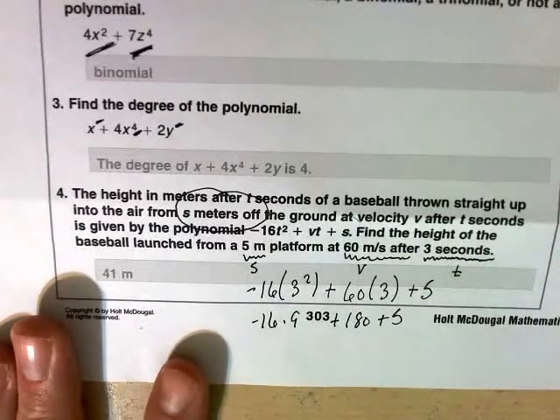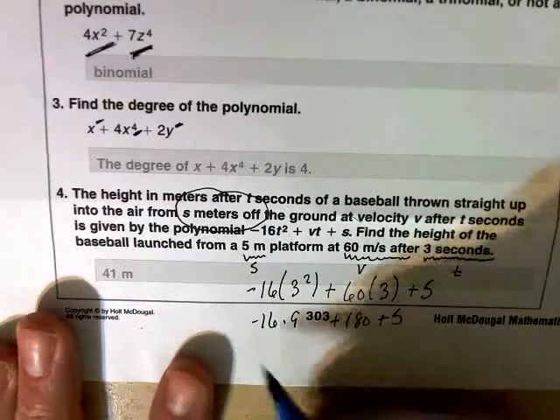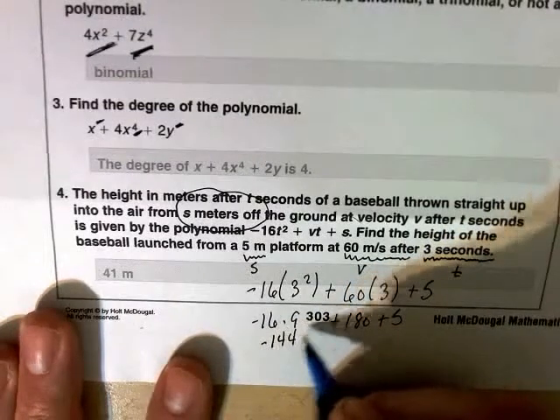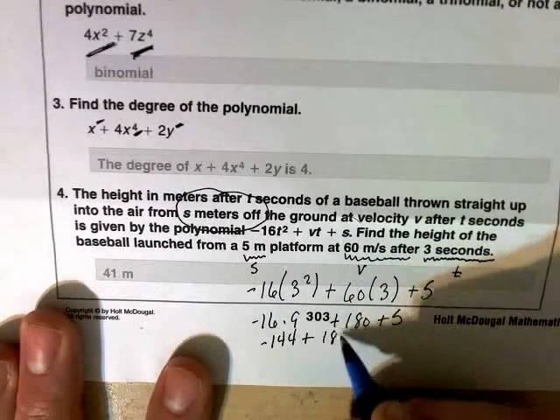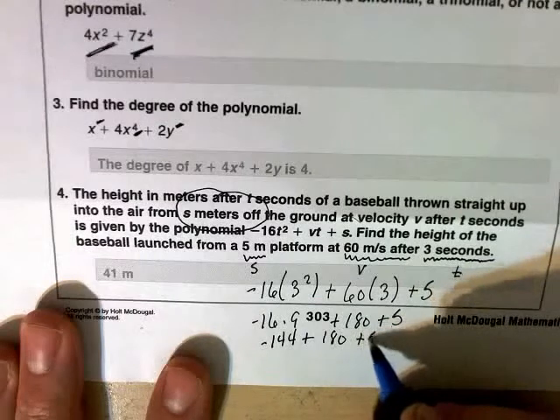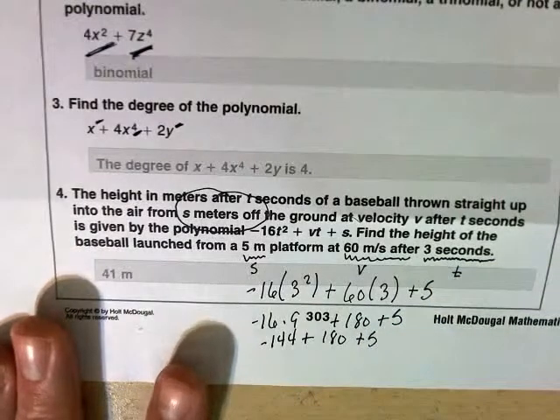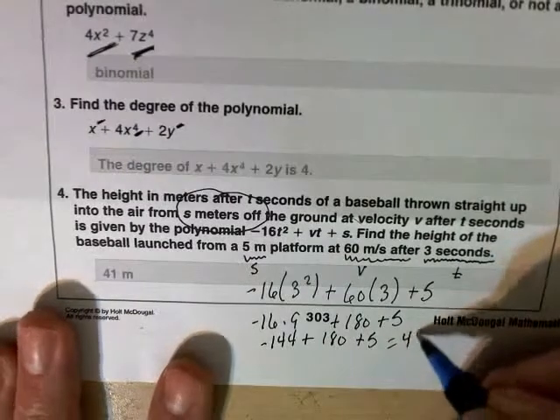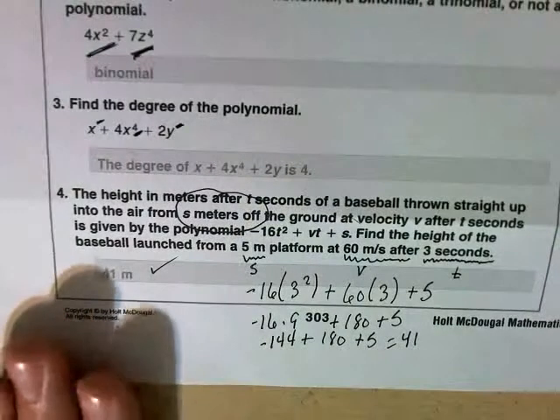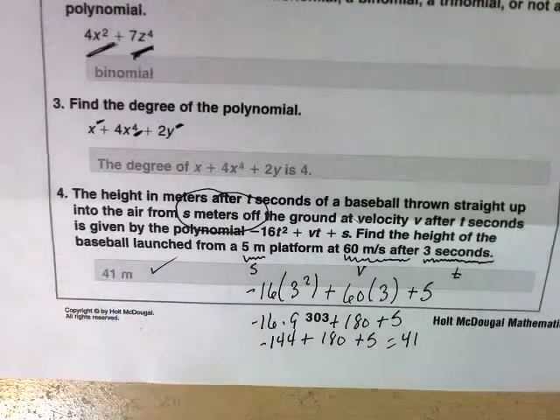Let's go ahead and do the 16 times 9 now. It's going to give me negative 144. Negative 144 plus 180 plus 5. 185 minus 144 is 41, which is the solution, which no surprise matches what they've said. That means the baseball launched from a 5-meter platform at 60 meters per second after 3 seconds is going to be 41 meters in the air.